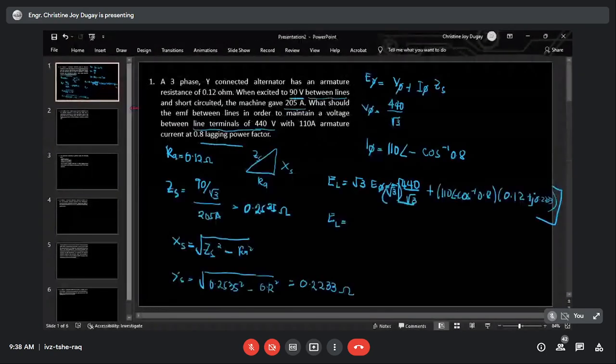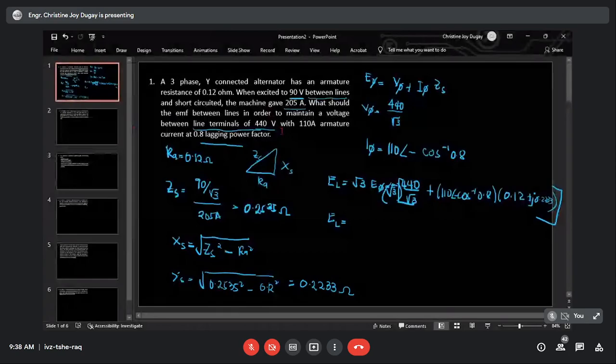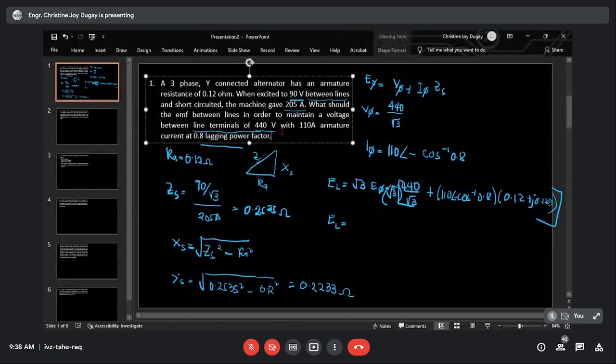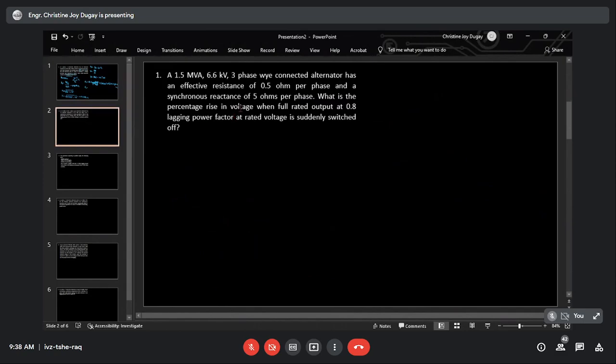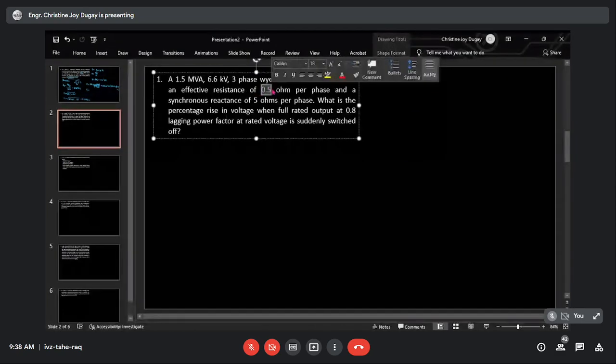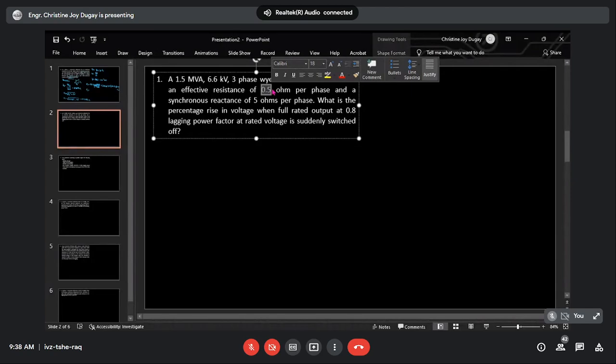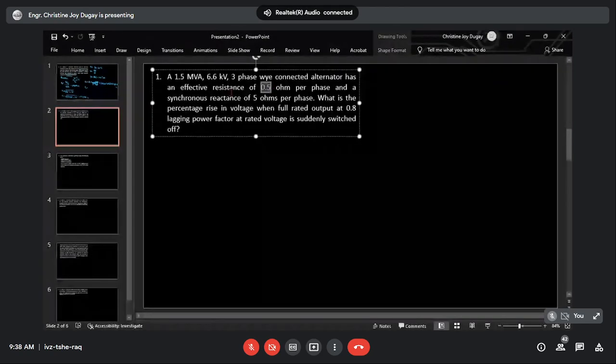Did you see the difference? Wala kasi siyang katuloy dito na assume that the effective resistance should be 1.5 times of the armature resistance, di ba? Wala naman siyang sinabi. And this one also, sabi niya, this is now the effective resistance. Ibig sabihin, ito gagamitin natin. And synchronous reactance per phase is 5 ohms.